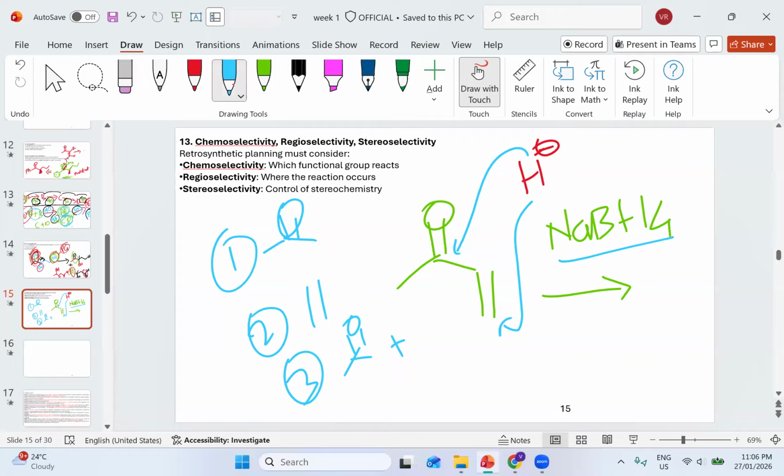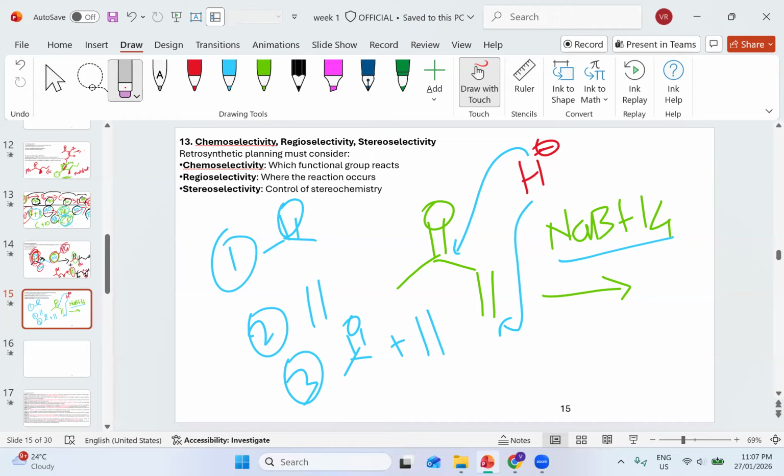So to get this selectivity, we have to add some additional salt, like CeCl3, a cerium salt, that we'll see in some specific reaction later.